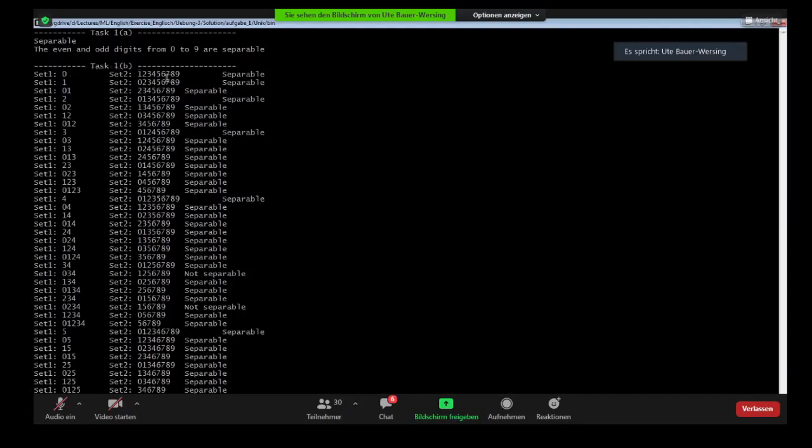So what we see here in the output are the different partitions, right? You see set number 1 and set number 2, and the digits that are grouped into set number 1 and set number 2 for this particular classification task. And each line means we are training a perceptron, and we indicate if the algorithm came up with a separating hyperplane or not.